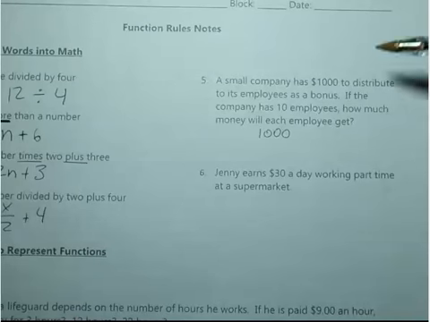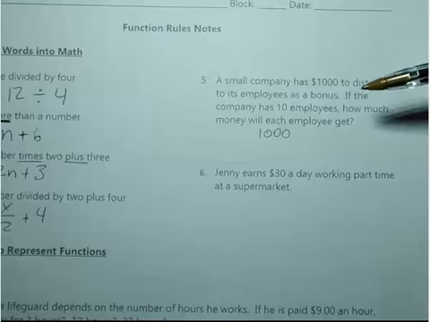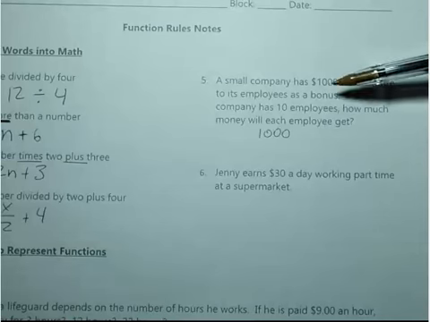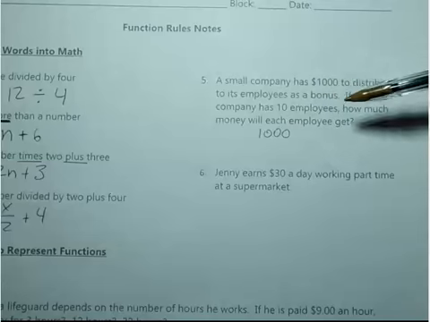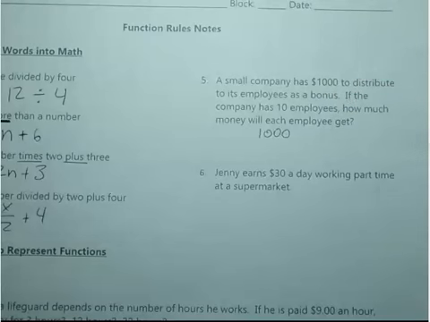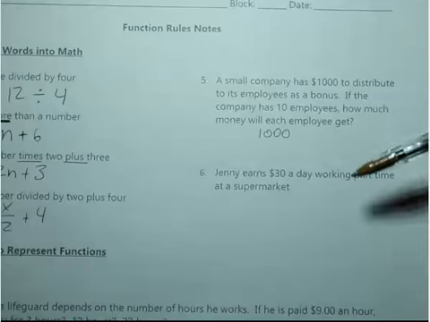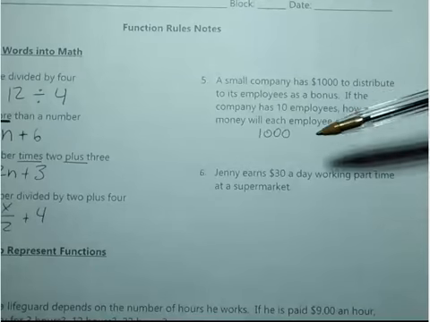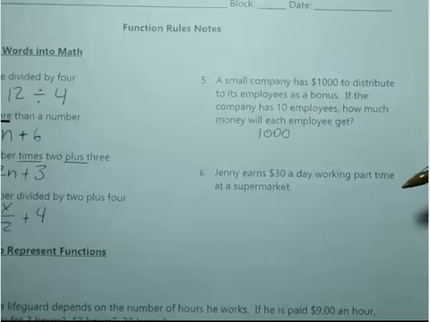So we need to figure out what operation we're going to use: 1,000 plus 10, 1,000 minus 10, 1,000 divided by 10. It wouldn't really make sense to do 1,000 plus 10 or 1,000 minus 10. So really what we're looking at is, are we going to do 1,000 divided by 10 or 1,000 times 10?